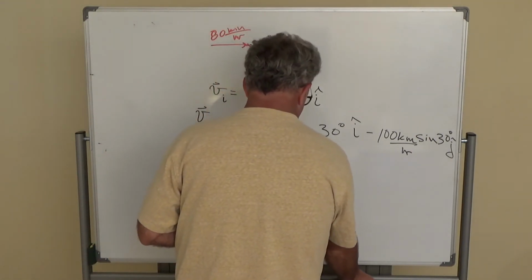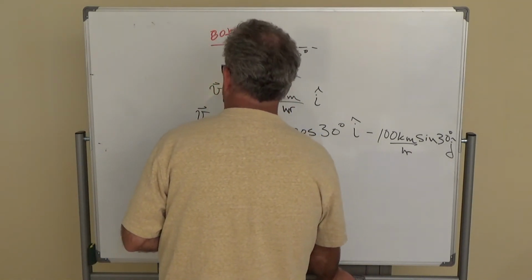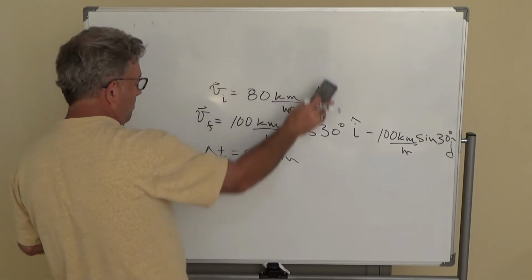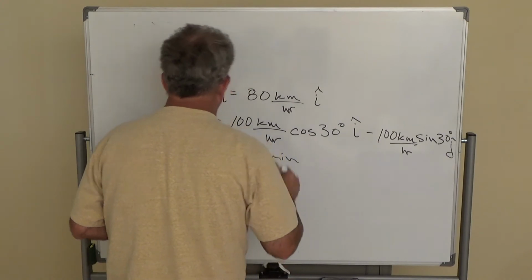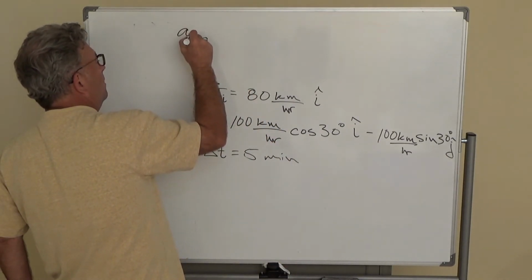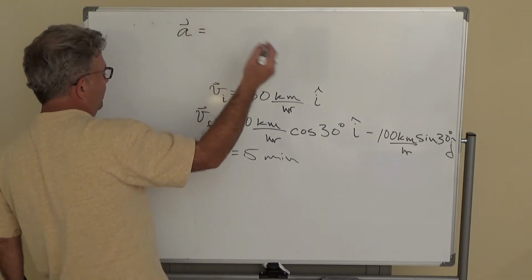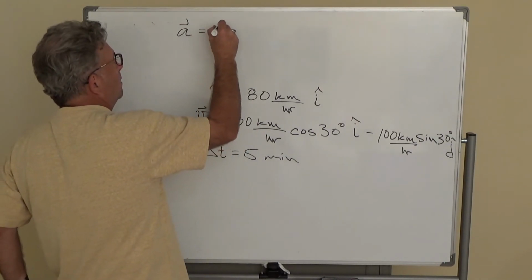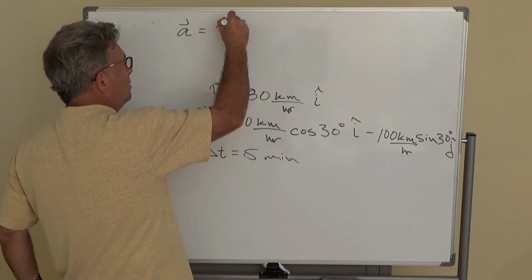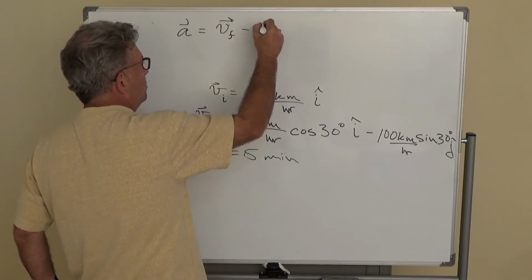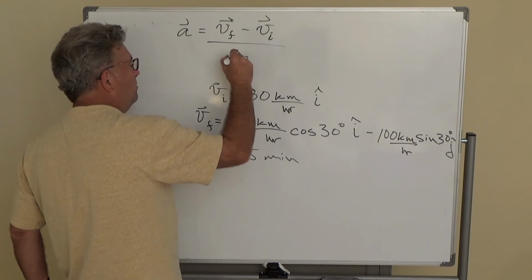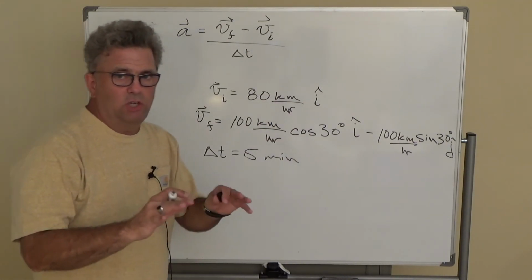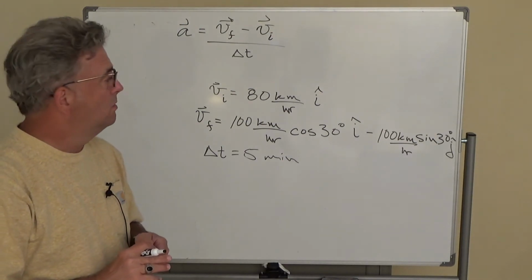To calculate the acceleration, this truly would be an average acceleration. We don't know all the ins and outs of what happened, but the acceleration is V final, and you have to subtract these as vectors, V initial, divided by delta t. It's the difference in the vectors, not just the difference in the magnitudes.